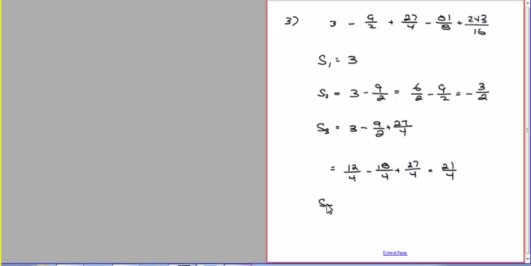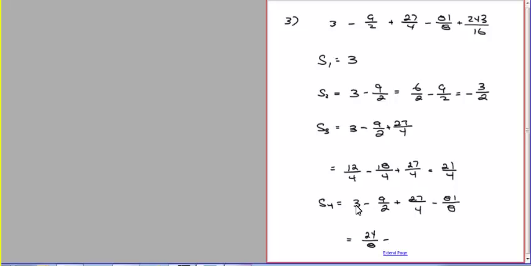The fourth partial sum is we add the first 4 terms together. In this case, the denominator is going to be 8. So this will be 24 eighths.